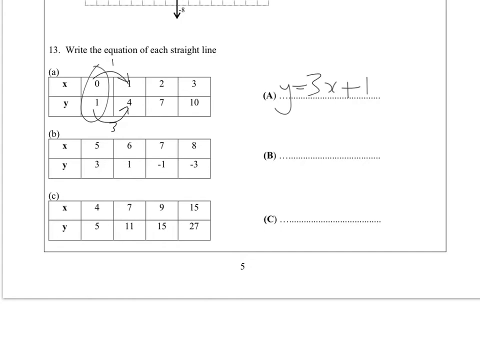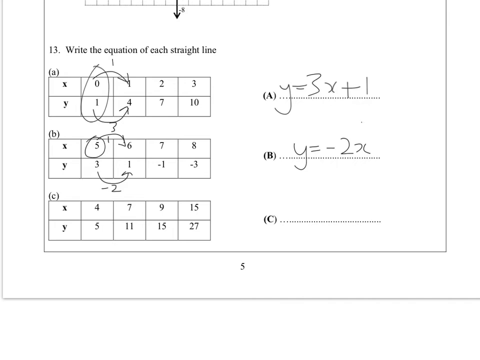Number B. Okay, we don't have a y-intercept, we don't have a 0 on the x, so we do a gradient first. We have a rise of negative 2 and a run of 1, so that is negative 2 over 1, which is negative 2. Now, we must choose an x value, so we're going to choose 5, and we must get an answer of 3.